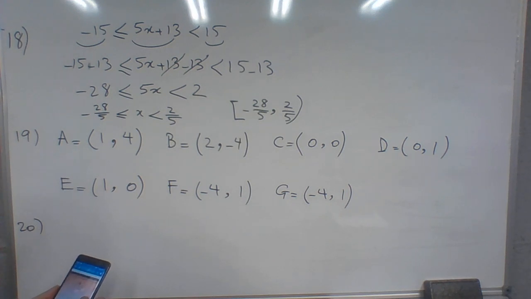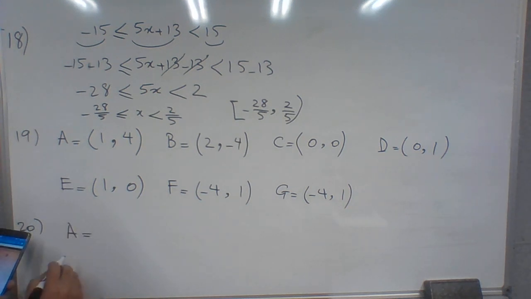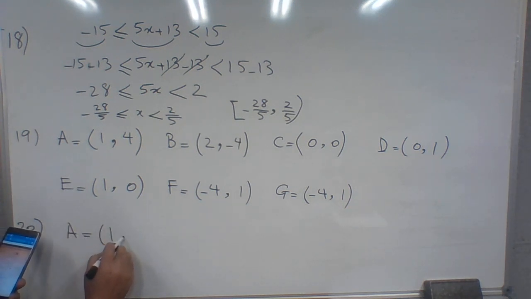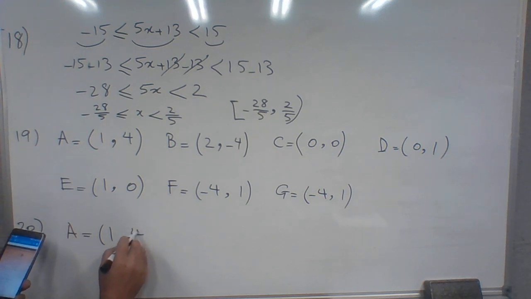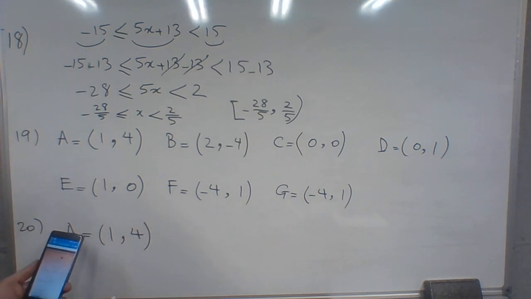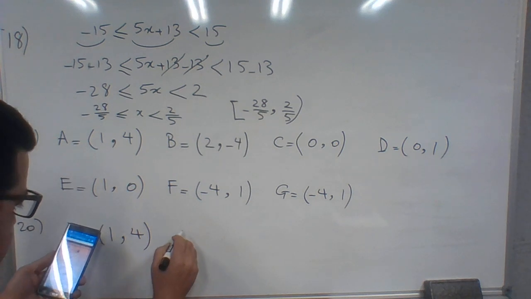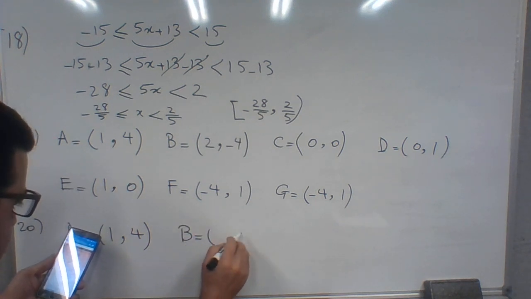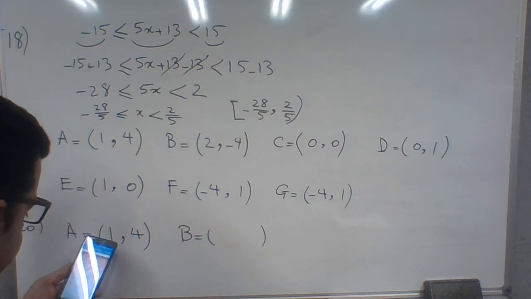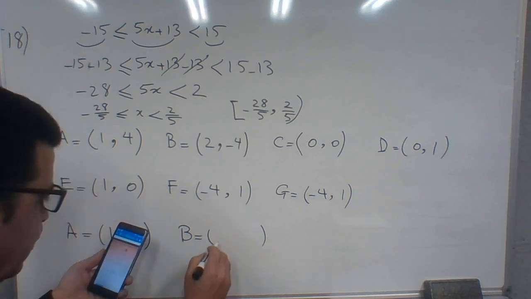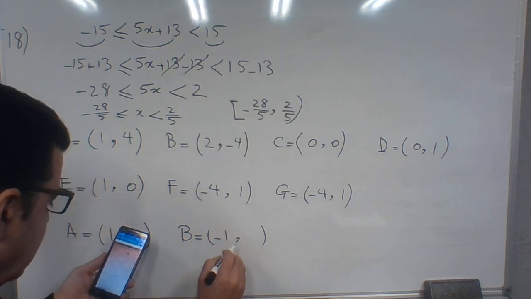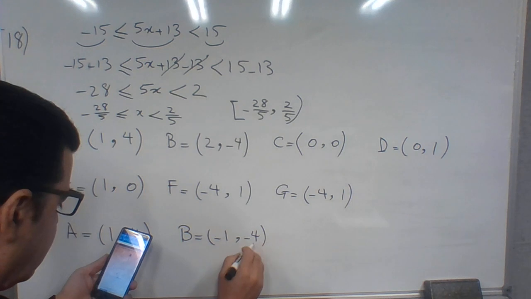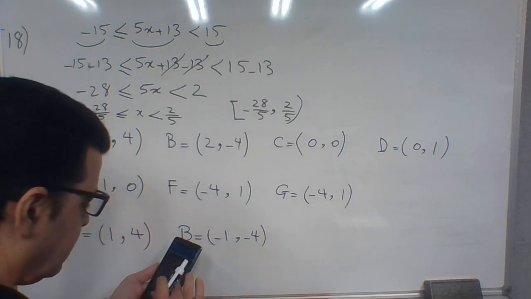Okay, so what are the coordinates of A, B, C, and D? So A is 1 unit in x direction and 4 units in y direction. B is negative 1 unit in x direction and negative 4 units in y direction.